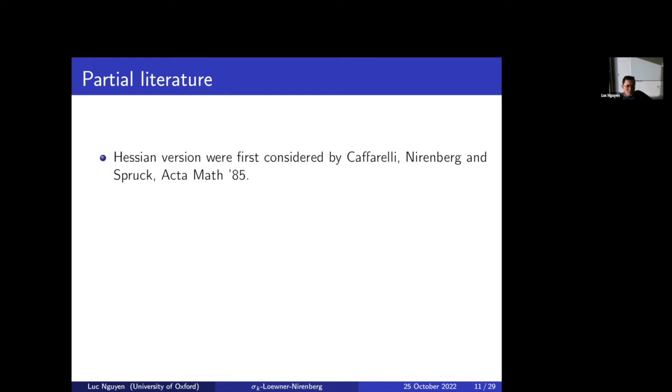Okay, so it's just some literature about the problem. For our model, the matrix A superscript u starts with a modified sort of Hessian term with a bunch of first order terms. If we just ignore all of that and retain the Hessian, then that problem was first considered by Caffarelli, Nirenberg, and Spruck in the 80s.